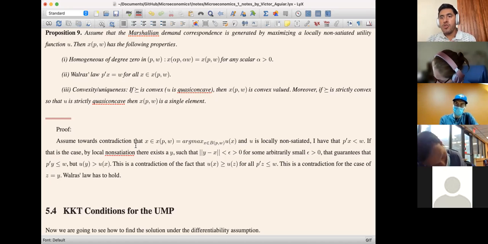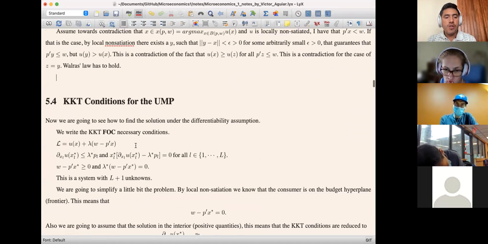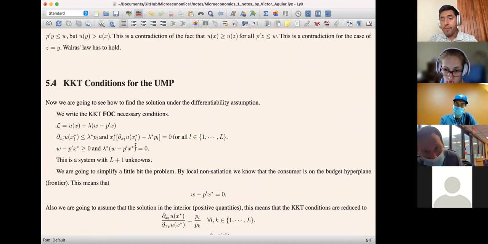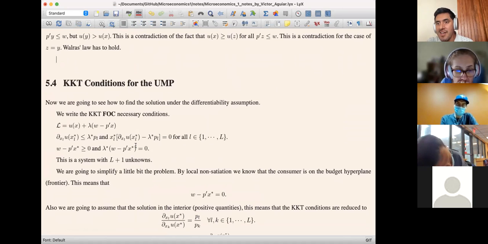So we are almost done in the 10 minutes, so I'd rather go through the last part instead of checking these definitions, which are things you can check yourselves, okay? So Karush-Kuhn-Tucker for the UMP. Essentially, we want now to do more with the utility function, right? So we're assuming now not only that it's going to be locally non-satiated, but also that it is actually concave.